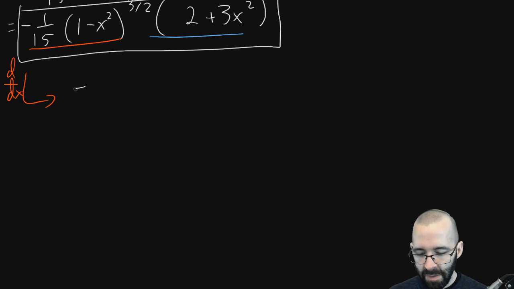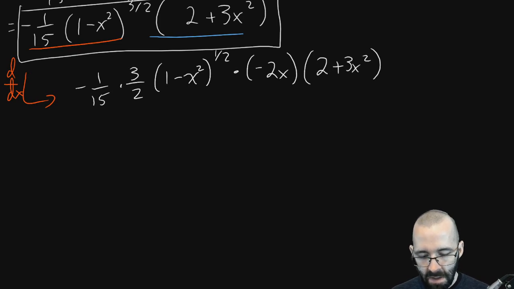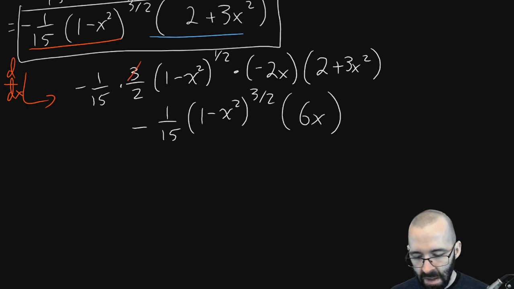Derivative of the first is going to be negative of 1/5 times 3/2. Inside stays the same, subtract a power, multiply by the derivative of the inside, times the original second. Plus the first, staying the same, times the derivative of the second. Now we clean things up.